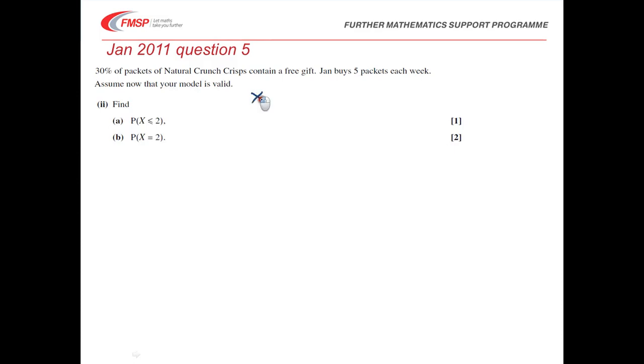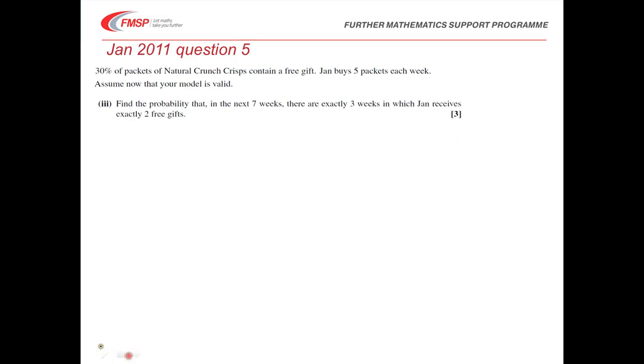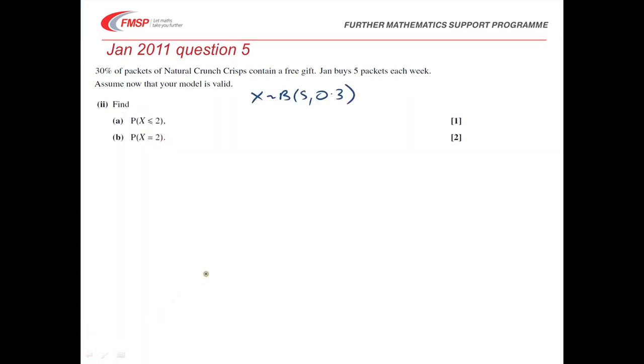So now let's assume, as it says, that we do actually have a binomial distribution, and we want, as we have in a previous question, find the probability of x being less than or equal to 2 and the probability that x is equal to 2. And these can be looked up in the tables again. So the first one, I haven't got the table this time, but the first one is going to give me a value of 0.8369. And then the second one, I'm going to use the formula.